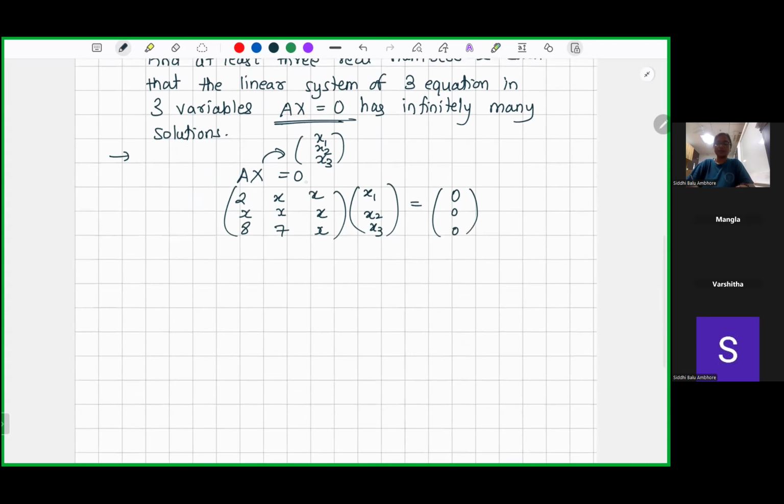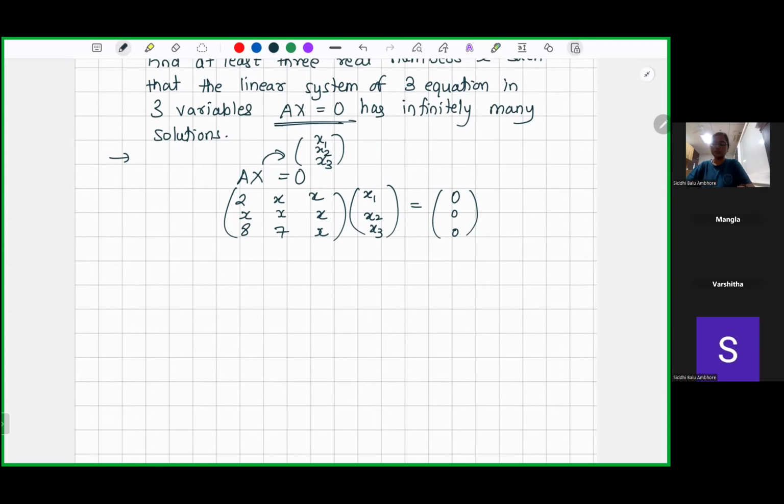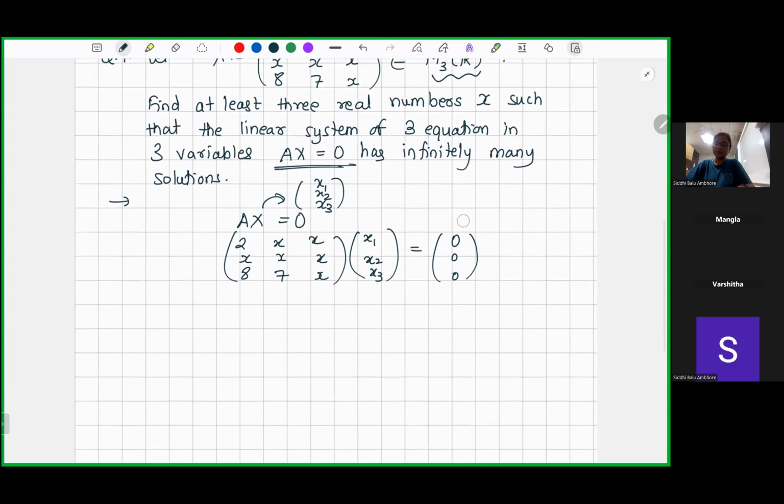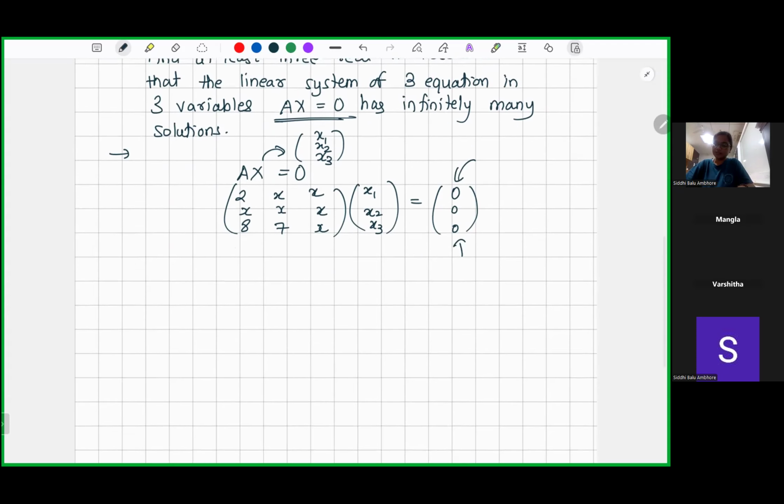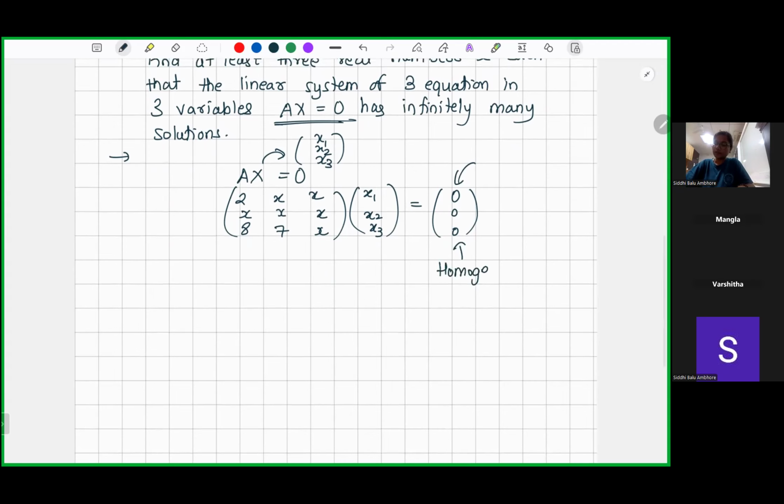This 0 means the column vector 0, 0, 0 in R3. So this is a system of equations such that 2x1 plus x2 plus x3 is equal to 0 and so on. When we have this 0, 0, 0 here, it is called a homogeneous system of equations.